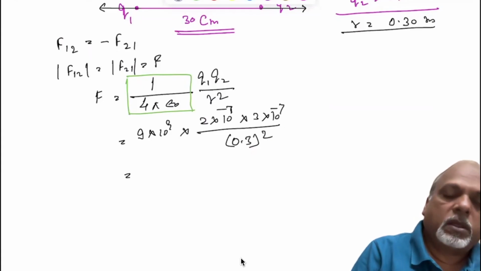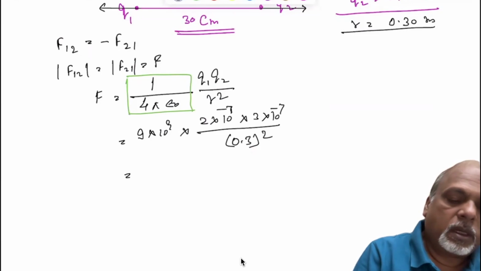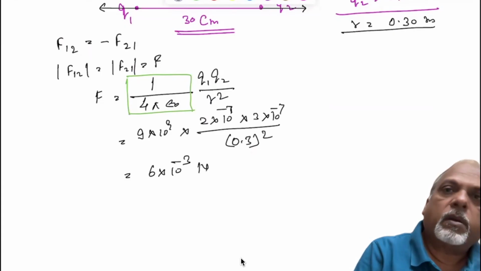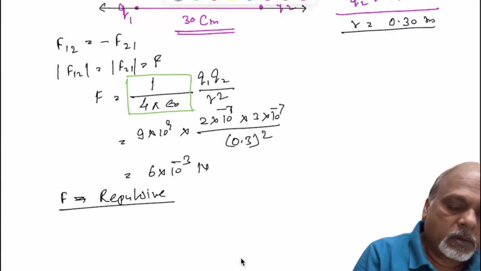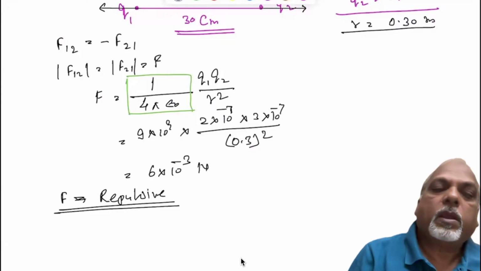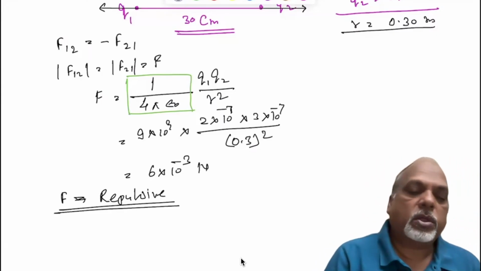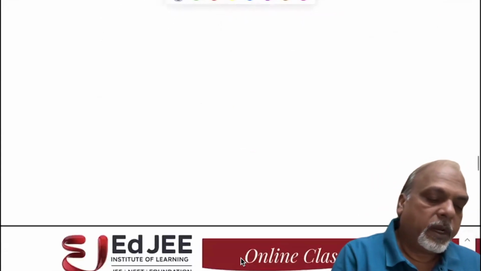And this, if you can calculate, this will be 6 into 10 raised to minus 3 Newton. And what is the nature of this force? That is repulsive. So this was your first question. Let us go to the next question.